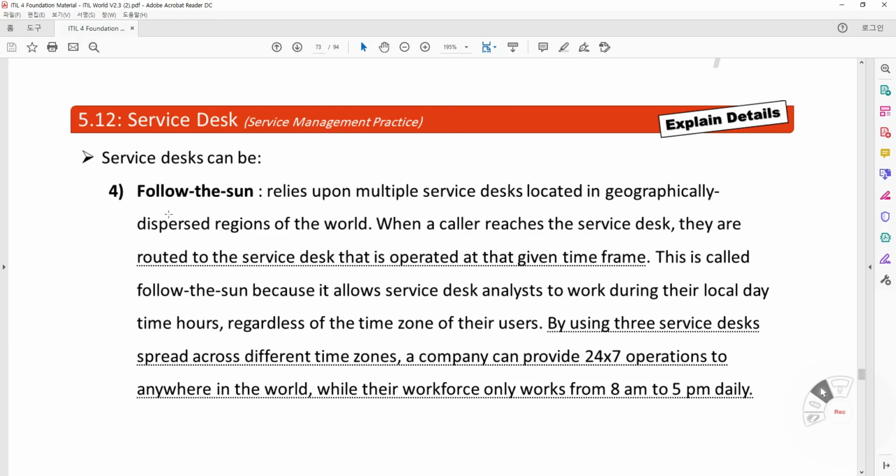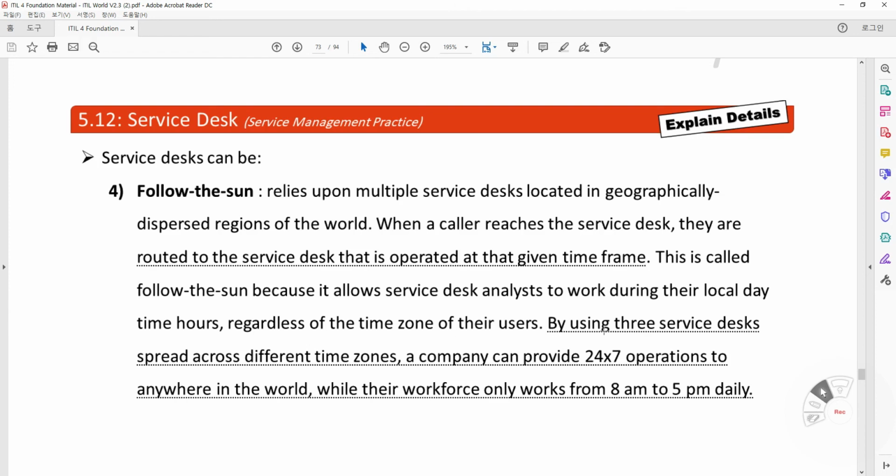Service desk can be follow the sun, which relies upon multiple service desks located in geographically dispersed regions of the world. When a caller reaches the service desk, they are routed to the service desk that is operating at the given time frame. This is called follow the sun because it allows service desk analysts to work during their local daytime hours, regardless of the time zone of their users.